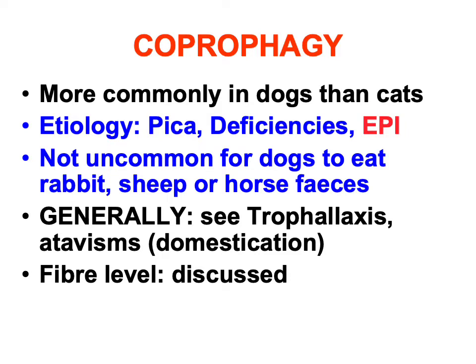During the domestication, for many thousand years, they were fed on the residue of the human tribe, the bones and the byproducts of the food, and maybe even the feces. The fiber level is discussed.